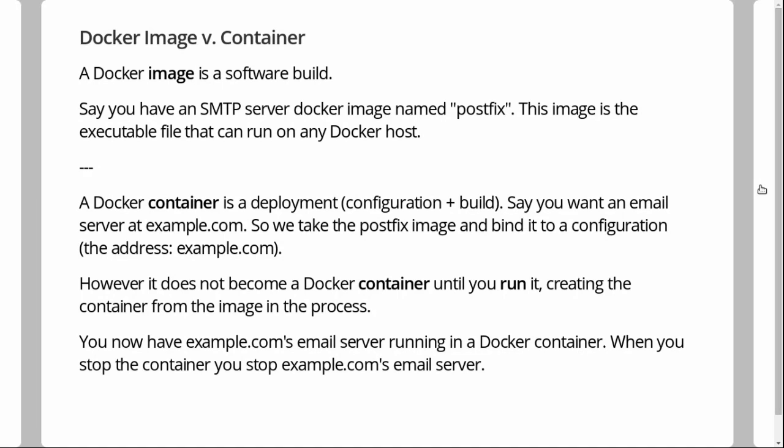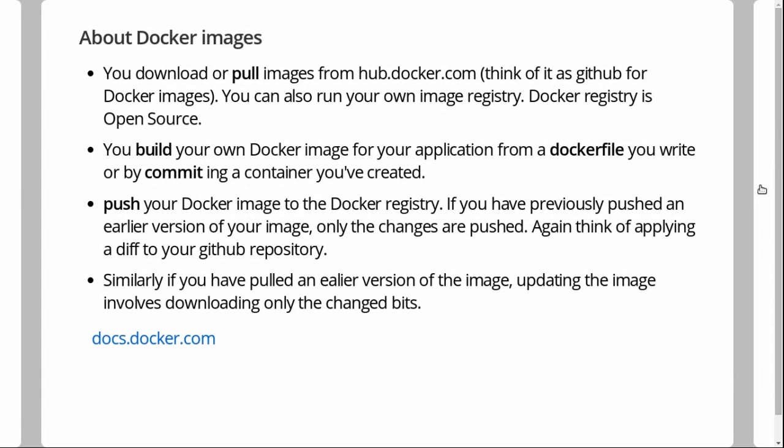Docker provides several commands to help you manage images. So you can download or pull an image from the Docker registry, hub.docker.com. Think of the Docker registry as a GitHub for Docker images.